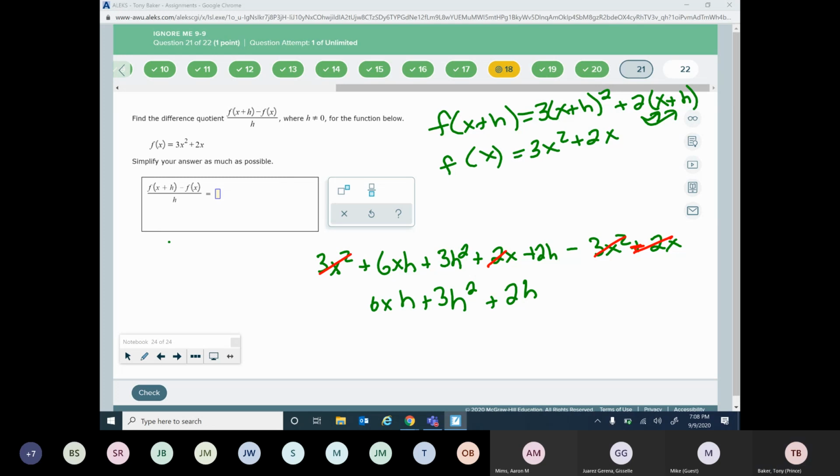So we're going to take the h out. So I have h times 6x plus 3h plus 2. And we're dividing that by the h. So my h's cancel out. So you're left with 6x plus 2 plus 3h.